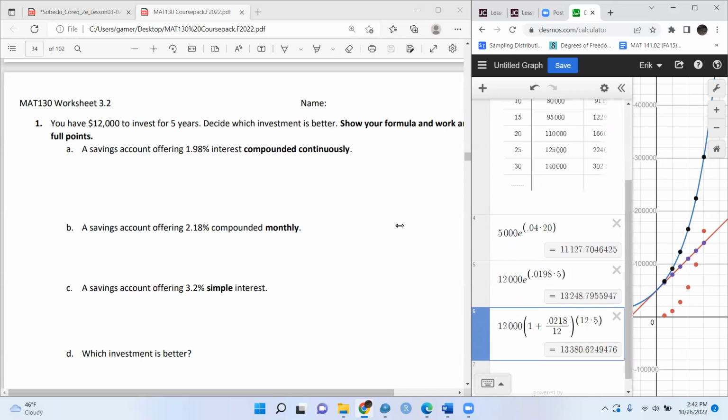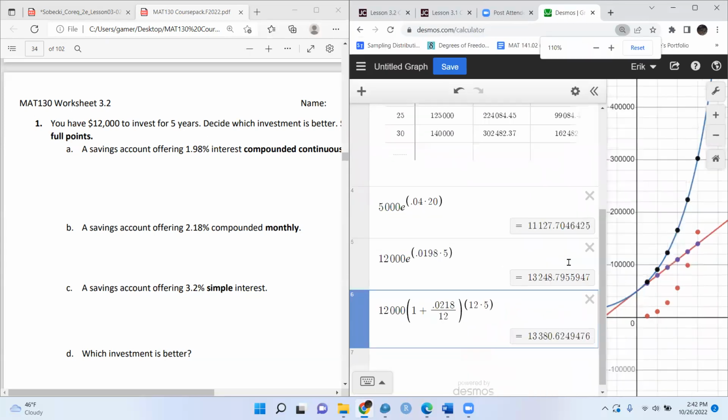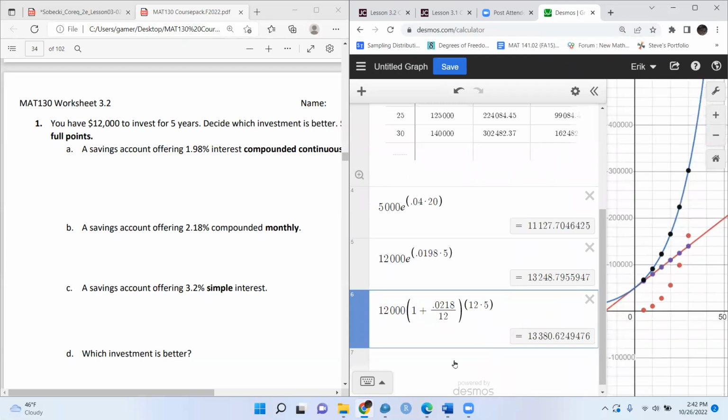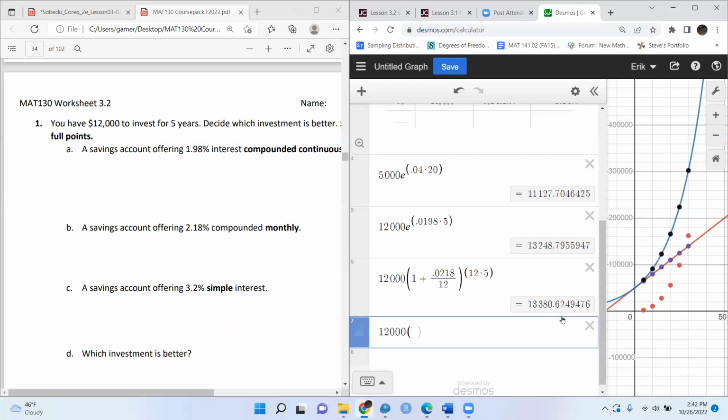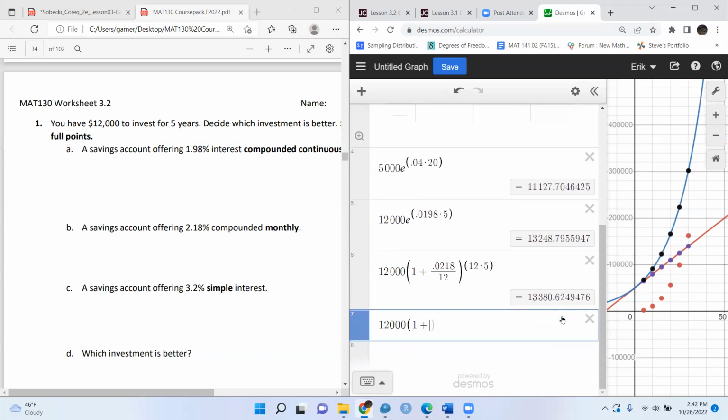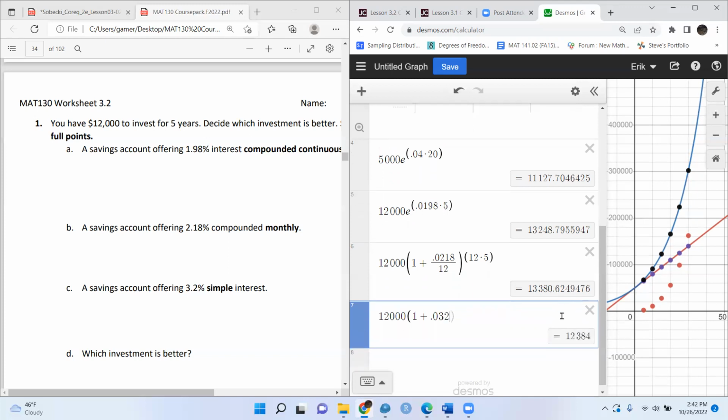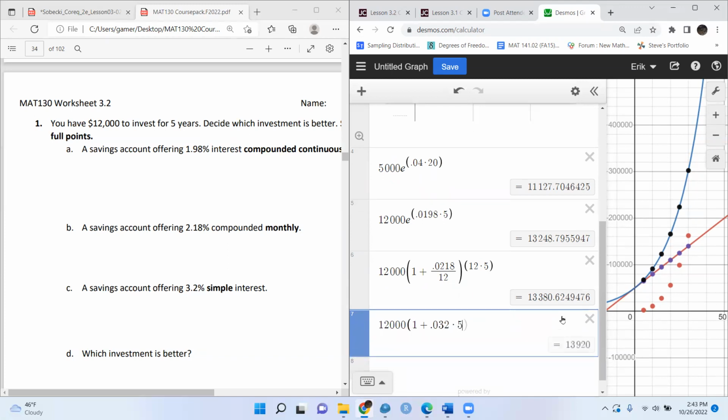There we go. And then the simple interest, we just have to use that simple interest formula in terms of future value. So that would be the 12,000. There's 2 ways we could do it. The one we've been using today is the 1 plus the R times the number of years.